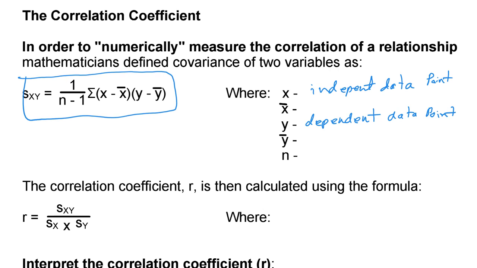And then we have x bar, which is the mean of the x's. And we have y bar being the mean of y's data points. And then n is the number of data that's collected.